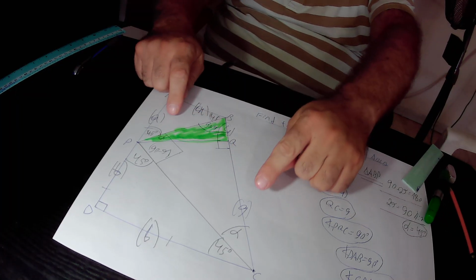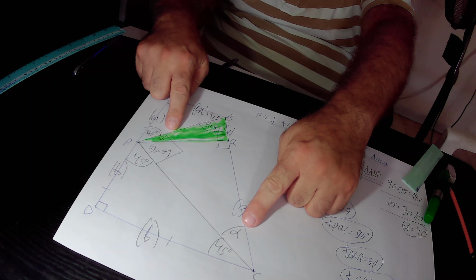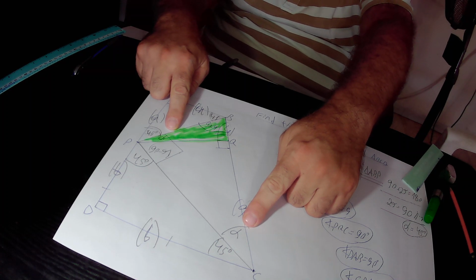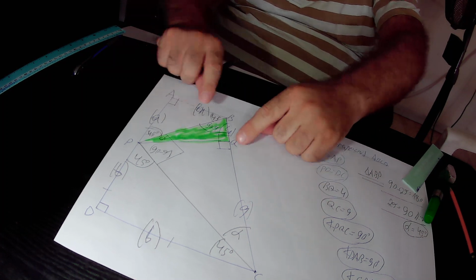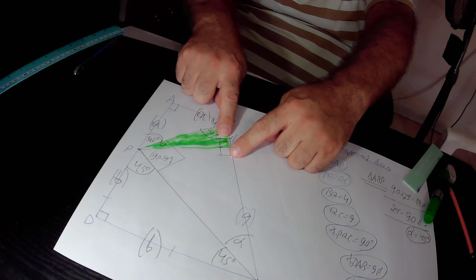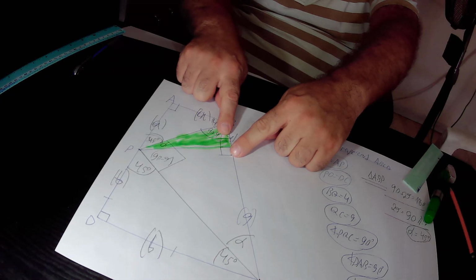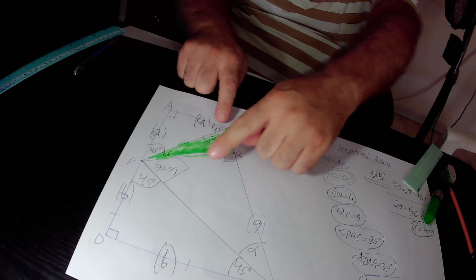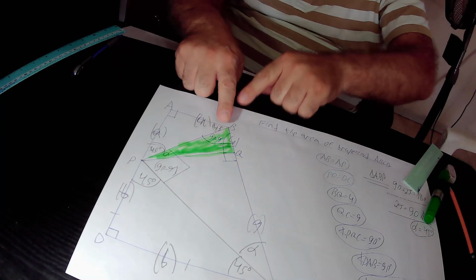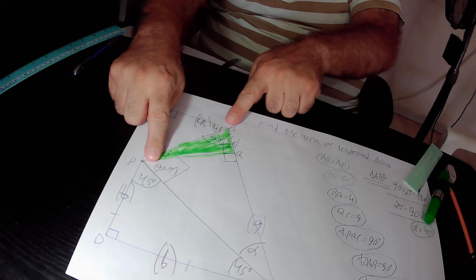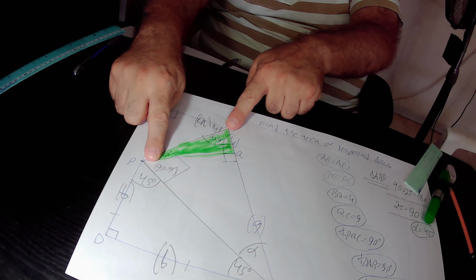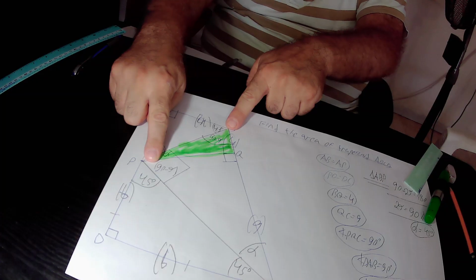First of all, those two angles are both equal to alpha, therefore they are equal to each other. In addition, those two angles are both equal to 90 degrees, and therefore they are equal to each other. And finally, those two angles are both equal to 90 degrees minus alpha, therefore they are equal to each other.